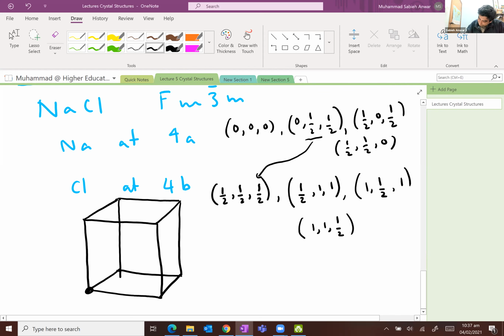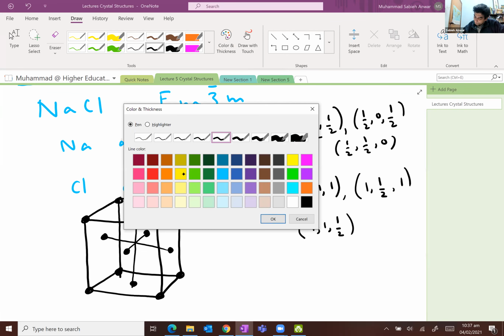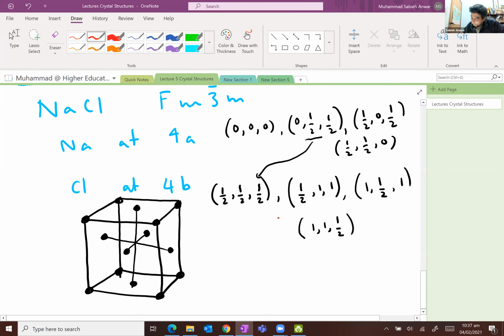Cubic. Black shows the sodium atoms. Center of the faces, 0. So these are our sodium atoms. Now chlorine atoms, let me draw them in red. These ions are bigger, so I'm saying atoms, these are really ions because this is an ionic crystal.